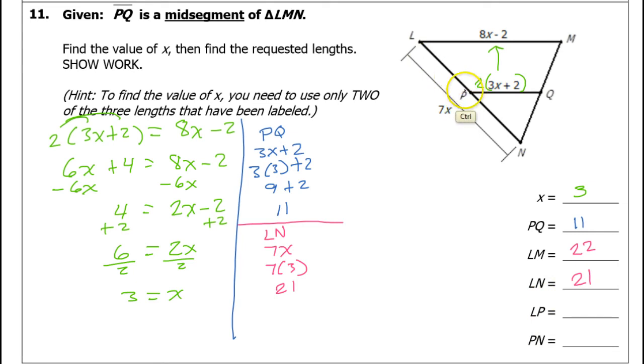Well, if PQ is a midsegment, then that means that point P is the midpoint of side LN, so these two halves are congruent. If the whole thing is 21, then half of 21 is 10.5. So LP has got to be 10.5 and PN has to be 10.5, just splitting 21 in half.